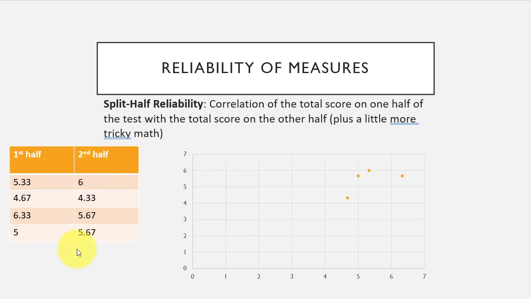And by the way, we'd want to have many, many more scores in each column to do this. But as you can see, there tends to be an upward trend of happiness scores across the days. And generally, people tend to be happier across the days. So if you have each half, you are indicating that there is a high correlation between those two.